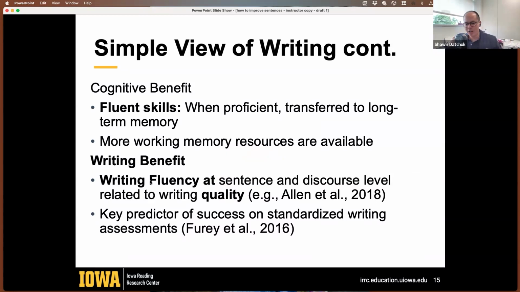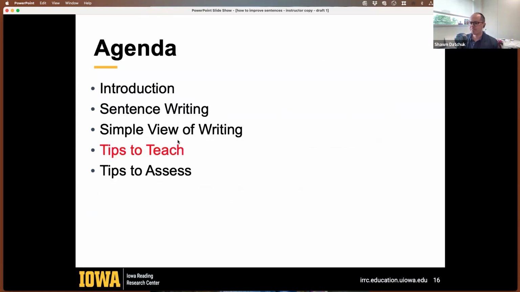So when students engage in writing fluency, when they can quickly and accurately write sentences and then paragraphs, we do see improvements in overall writing quality. That is, how readers judge students' writing for organization or convincingness or ideas. And writing fluency tends to be a key predictor of later success on standardized writing measures such as end-of-the-year statewide assessments.